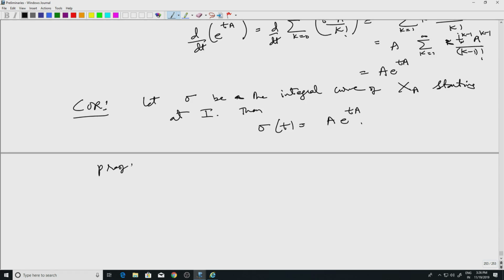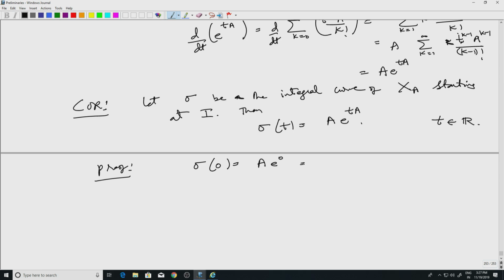The proof is quite short. Well, of course it starts at identity because sigma 0, so I need to check first that it starts at t equals 0, and notice that this is defined for all t in R. So sigma 0 is e to the power 0.